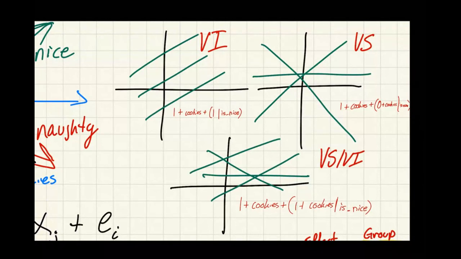We would use a varying slope model when we would expect everybody to have the same baseline, but a different effect of x on y. So one might think that if you're a good kid, then giving Santa extra cookies might increase your amount of presents. If you're a naughty kid, giving Santa extra cookies won't really affect the number of presents you get, right?